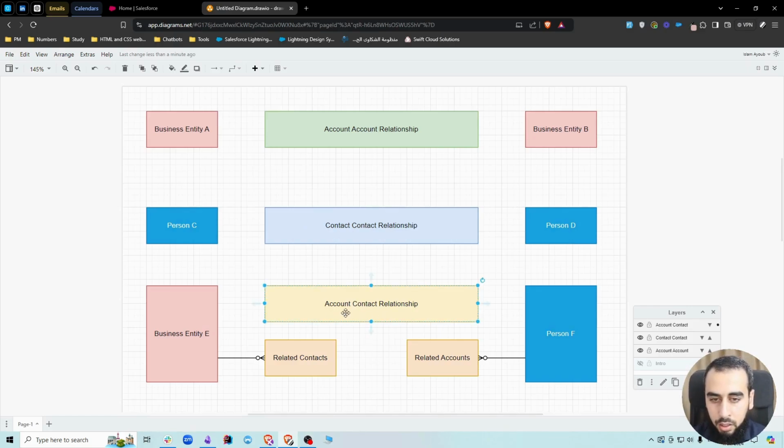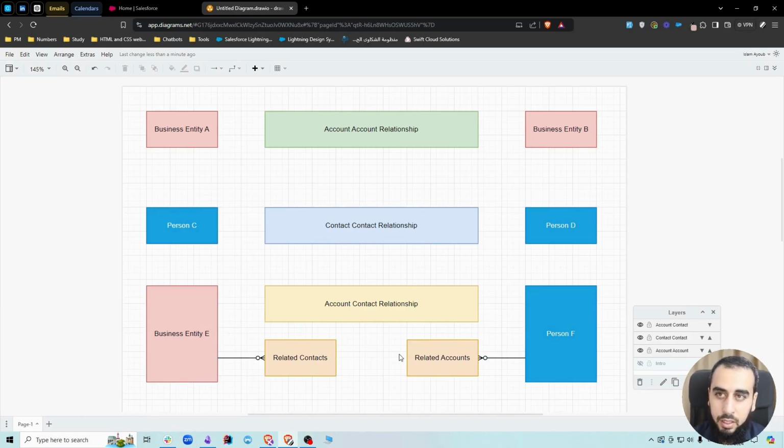The object's name is account-contact relationship, but if you navigate to a business page, you're going to see a related list called related contacts. And if you go to a person's account, you would look for a related list called related accounts. So if you go to a person, you see related accounts. If you go to a business, you see related contacts.